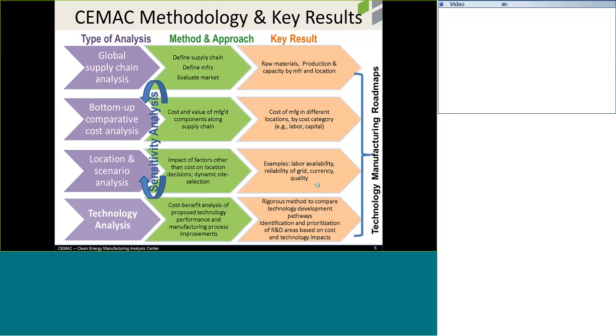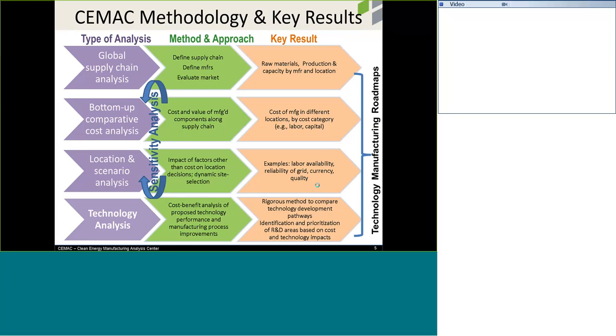The end result of the analysis is looking at the global supply chain. It helps tell you where, again, the raw material is, where the production and capacity is by location. The bottoms-up cost analysis helps understand what is the driver of the manufacturing costs in different regions, whether it be labor, capital, taxes, et cetera.